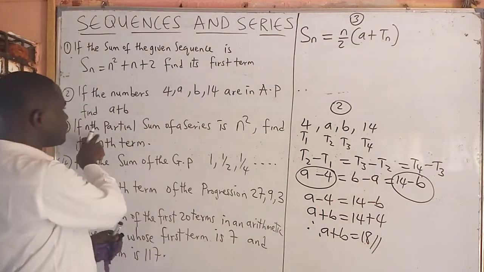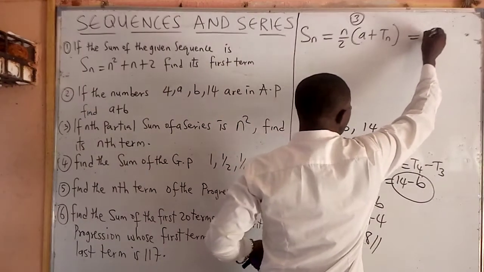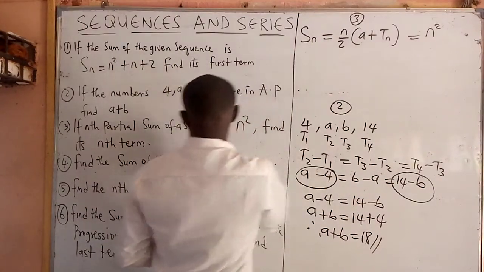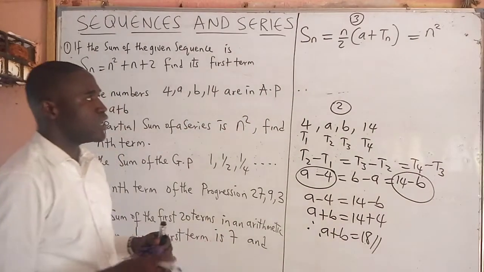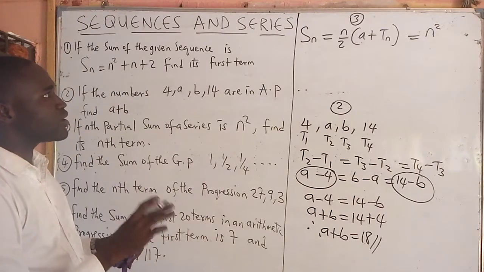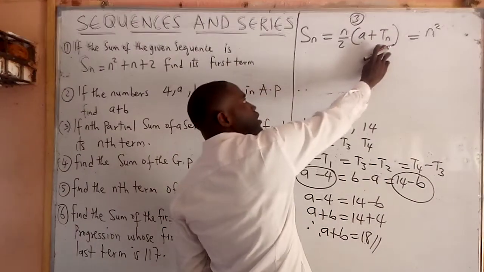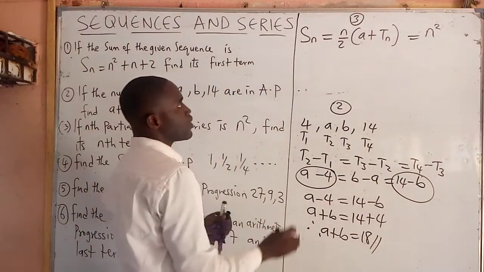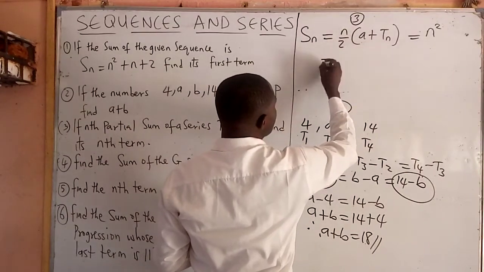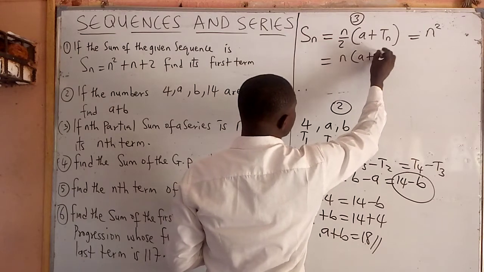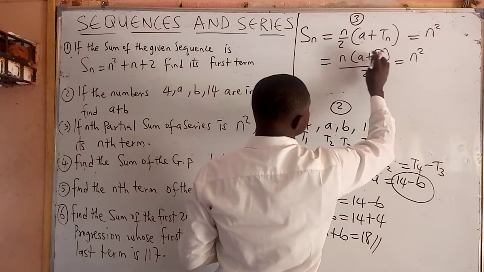Since they say the nth partial sum of a series is n squared, I will equate this to my n squared, because nth partial sum of a series simply means the sum of the first n terms. So I equate this formula with this because it has accommodation for the nth term. Then n bracket A plus Tn all over 2 equals n squared.